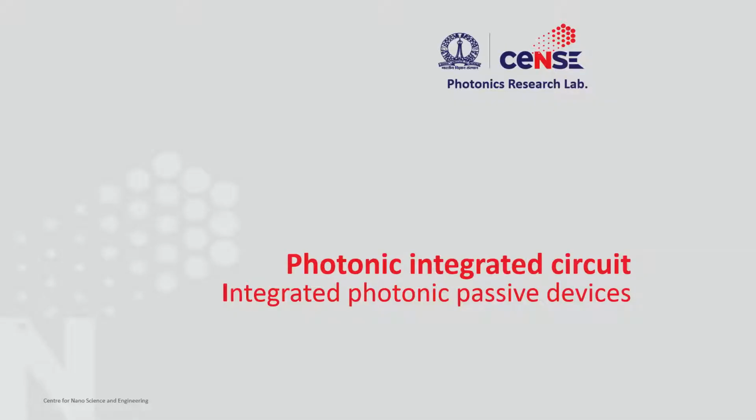Probably you might remember that we talked about different geometries, coupling, splitting, different passive devices or integrated photonic components. Now we are going to look at each and every one of the key components. We will not have time to discuss everything, but there are key components with which you can realize different functionalities. So we are going to discuss that. Let us have a detailed look at some of these components.